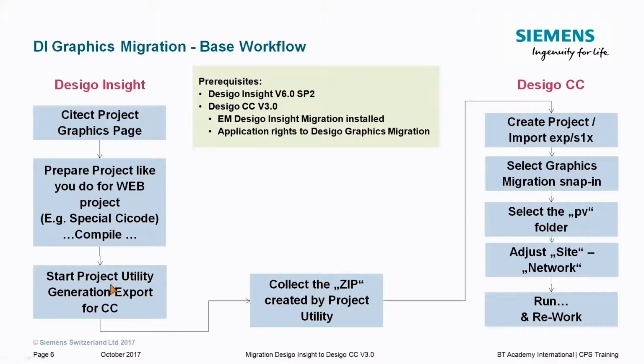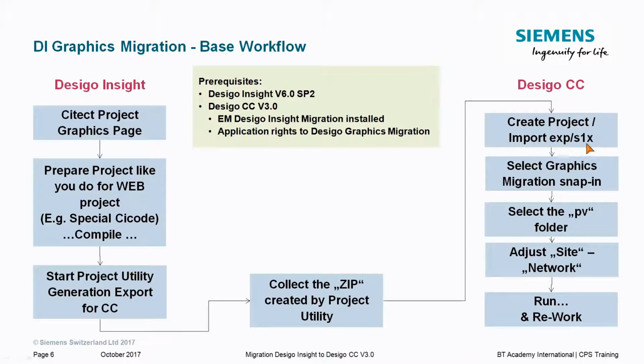So start the project utility and then generate the export. After you have done this step, the result is going to be a zip format of export content, and that's what we will be using to create the project in Desigo CC.